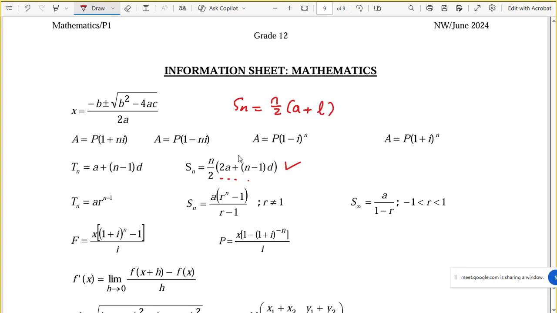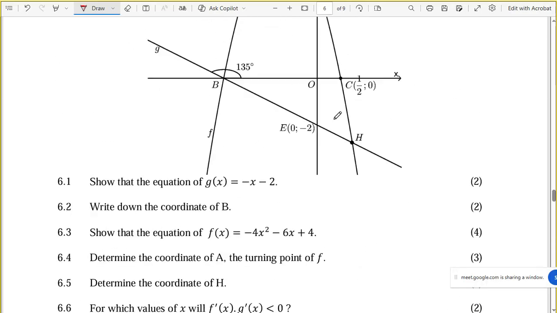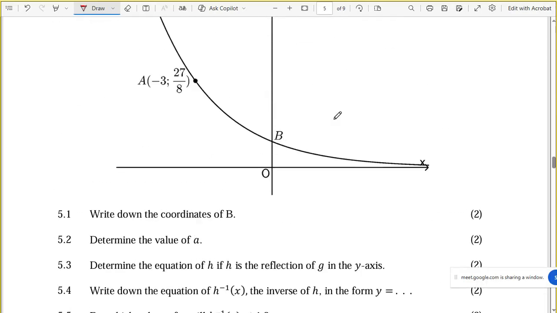Yes, sir. I think this is the formula that I'm going to give them, because the other one is going to make my life more complicated. The reason I think this can be geometric is because we don't have a common ratio. By looking at the sequence, this is not geometric, it's arithmetic.